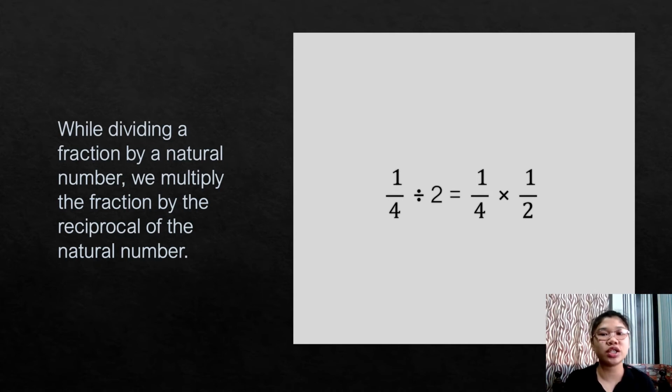Getting the reciprocal of 2 over 1, we have 1/2. So our solution is 1/4 multiplied by the reciprocal of 2, which is 1/2. So our final answer is 1 over 8.